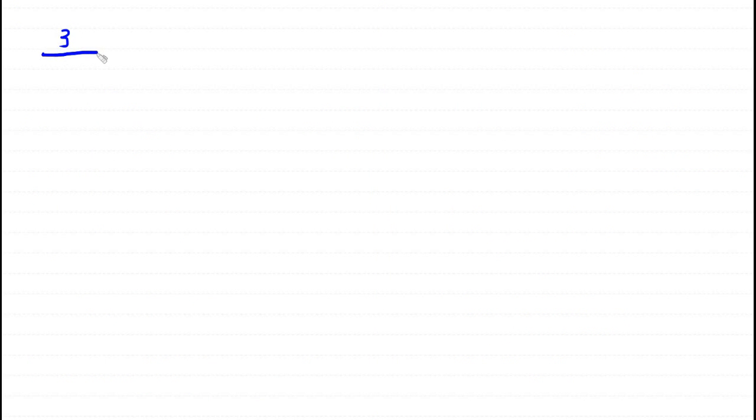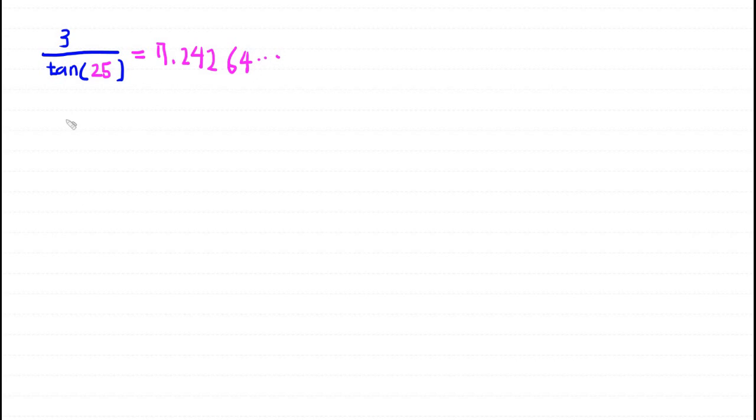3 over tangent of 25. And the answer is going to be, let's see, if I calculate 3 divided by tangent of 25, it is equal to 7.242, sorry, 426.